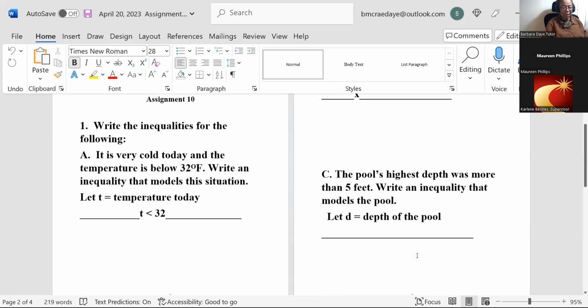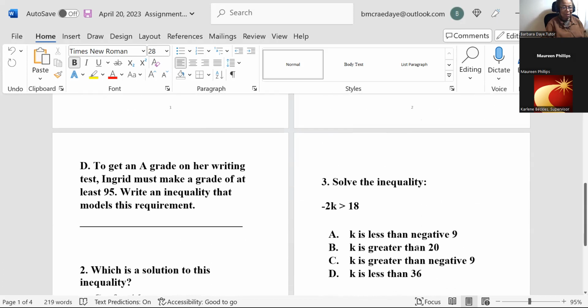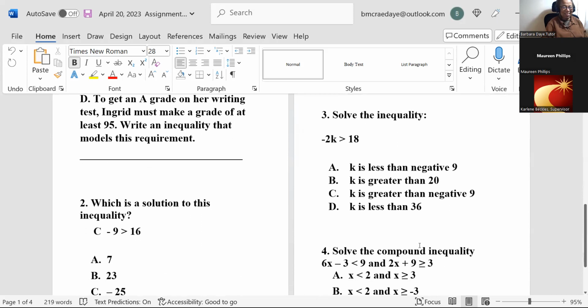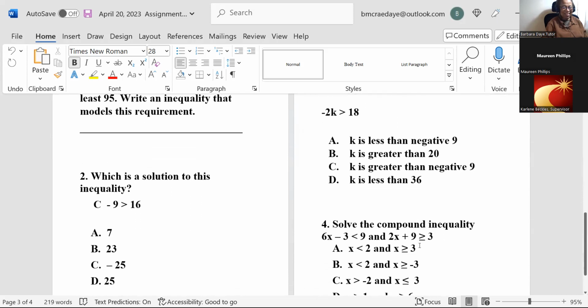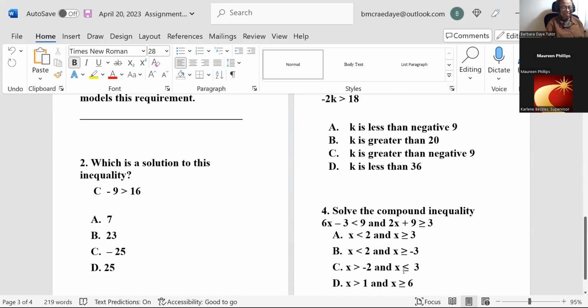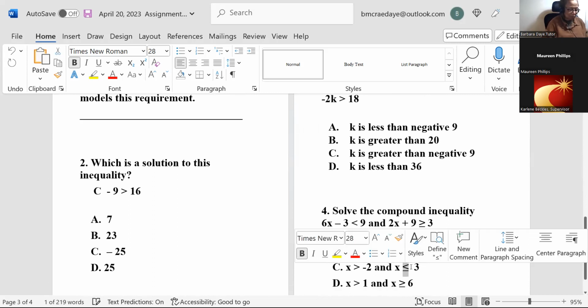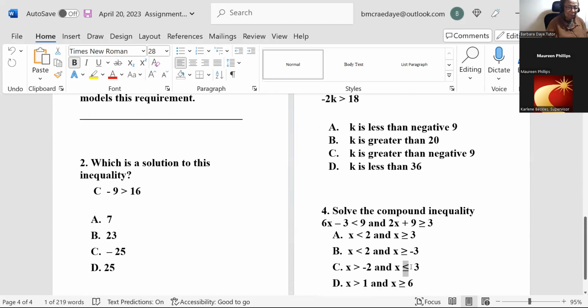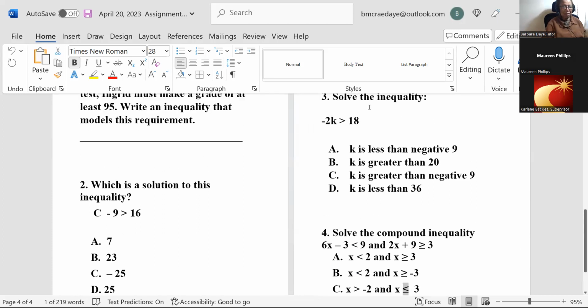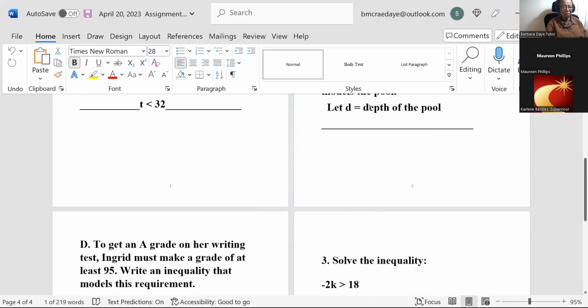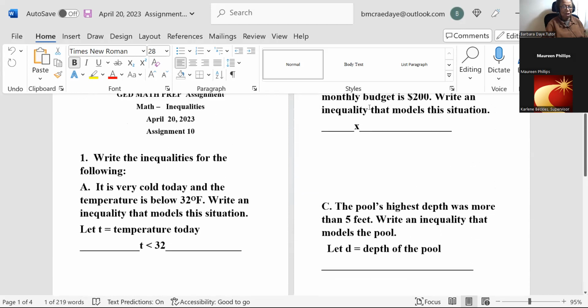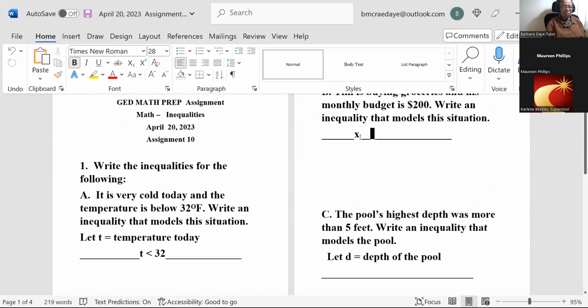I had it right back when I had the 200 first and then the or after. No, you put the variable first. You're saying you call X the budget, so you're saying X less than or equal.